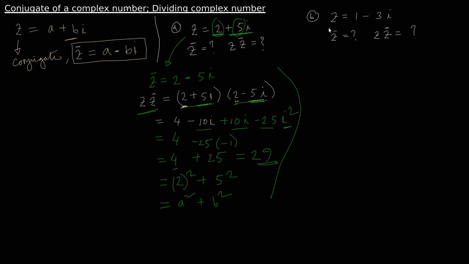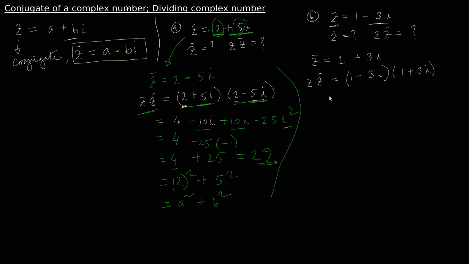Now let's look at our second problem. Here z is given, the complex number 1 minus 3i. If I want to find z bar, the conjugate of that complex number, the real portion is going to stay the same, and the imaginary portion is going to flip the sign, so it will be positive 3i. Now let's multiply z with z bar. So z is 1 minus 3i, and z bar is 1 plus 3i.